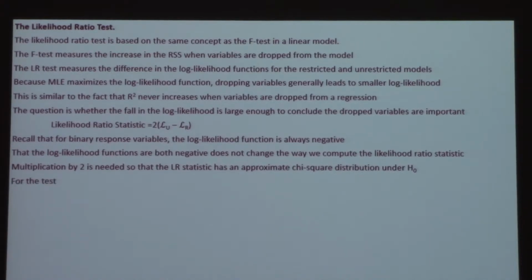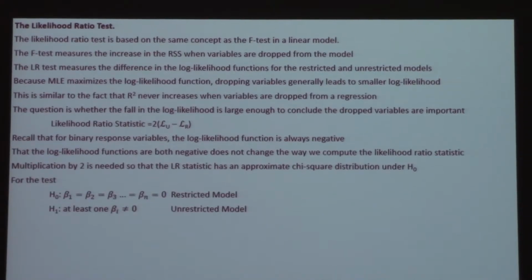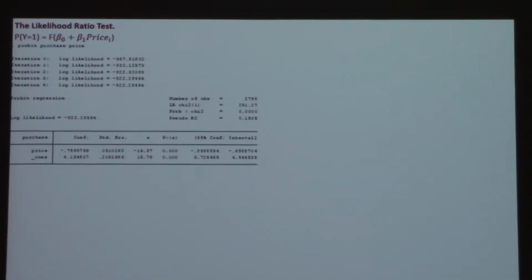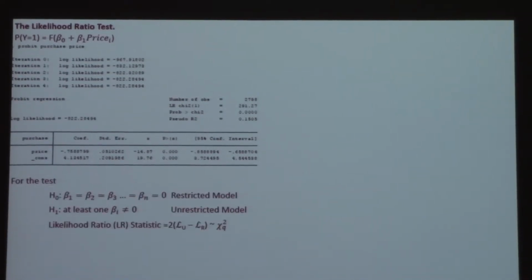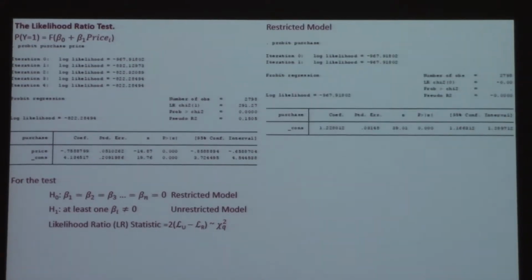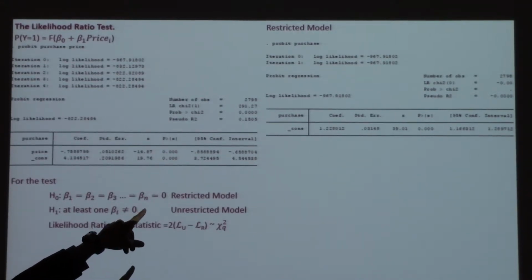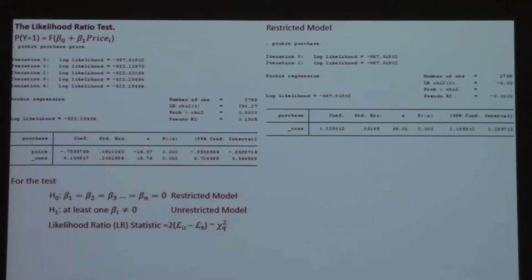So, let's go to this. Here's our unrestricted model. We've got price in there. We get a log likelihood of negative 822. Here's our restricted model where we exclude price.